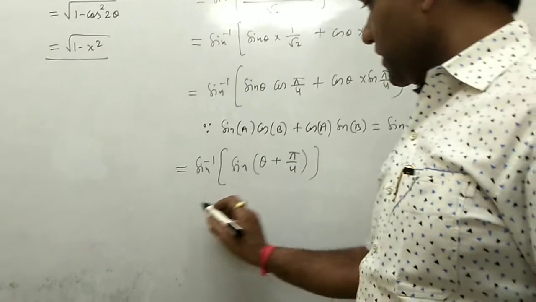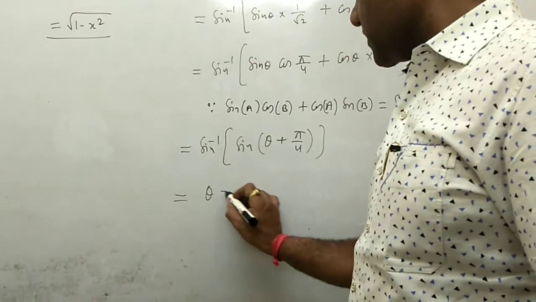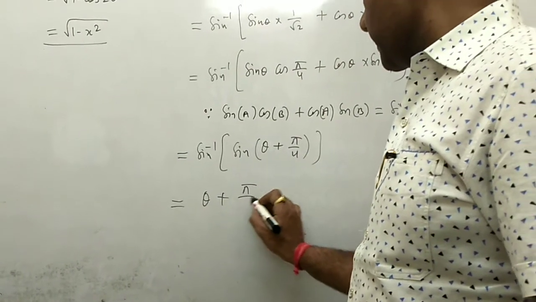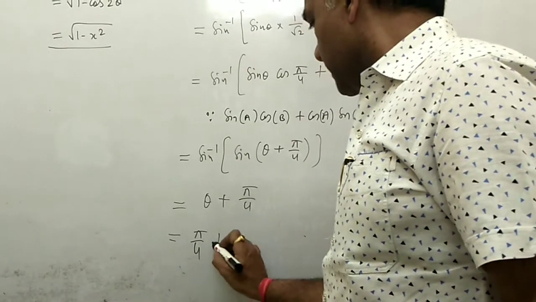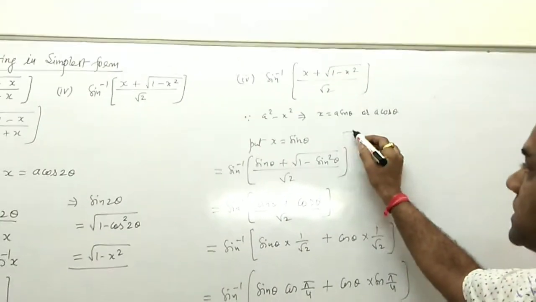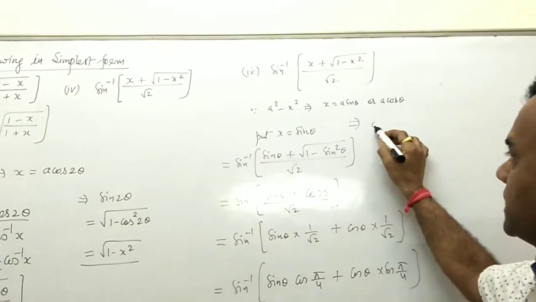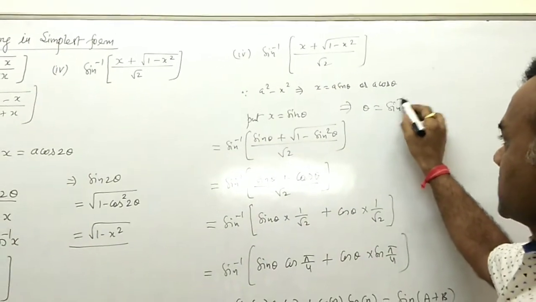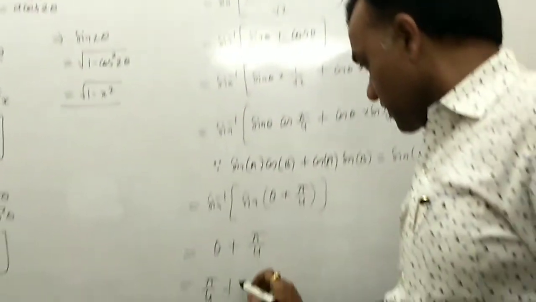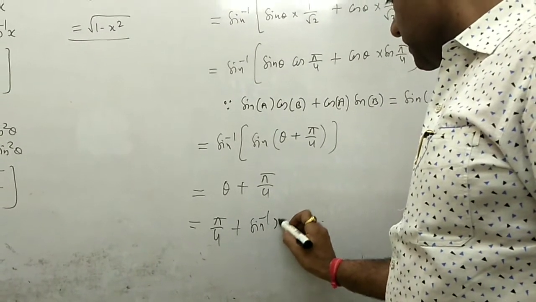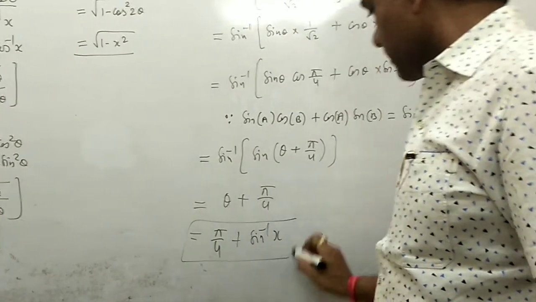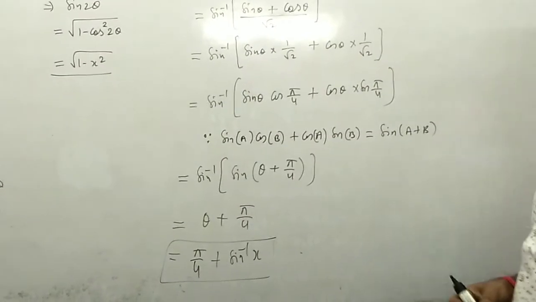So sin inverse and sin cancel, and you have theta plus pi by 4. Theta you find from here, because sin theta equal to x, then theta equal to sin inverse x. So here you put in place of theta sin inverse x. Now your trigonometrical values are converted into the simplest form.